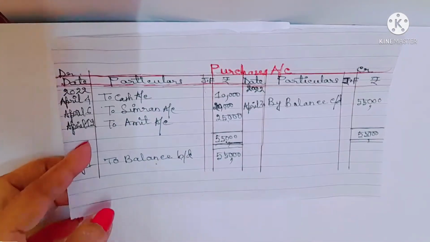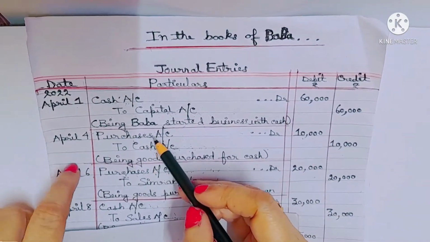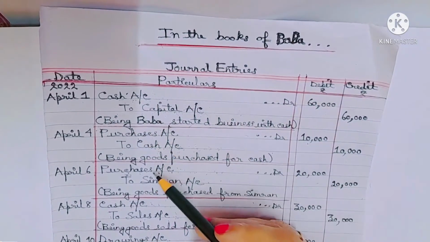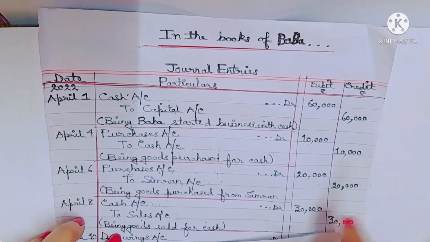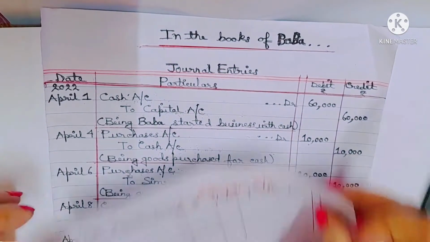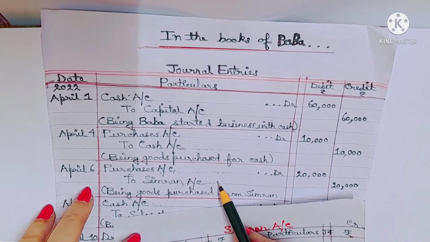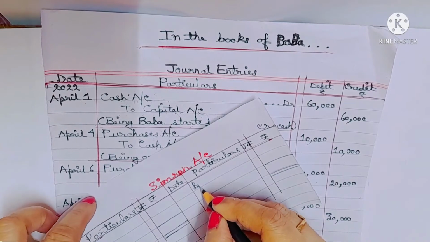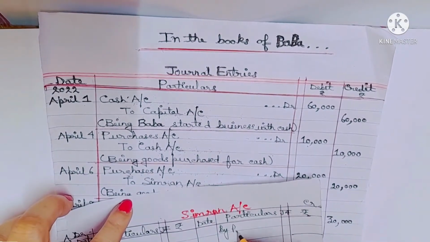Okay, let's do another account. Purchases is done, cash and capital are done, purchases and Simran. Now let's do Simran account. How much? 20,000 on 6th April. Where is Simran? On the credit side. Simran is on the credit side, so purchases account will appear on the credit side as well. By purchases account.